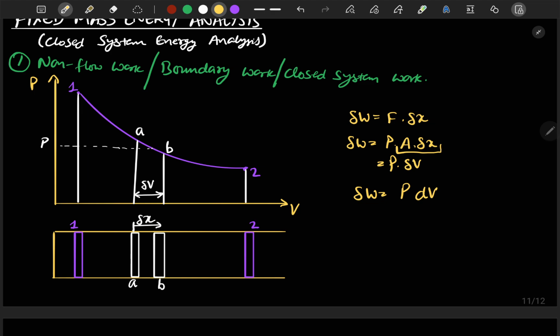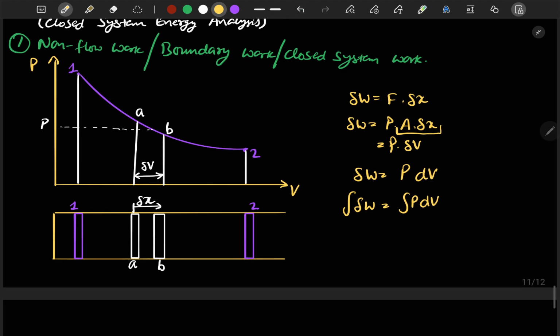We can integrate it to obtain the net work, W is equal to integration of P dV. So work done for a closed system is equal to integration of P dV from 1 to 2.